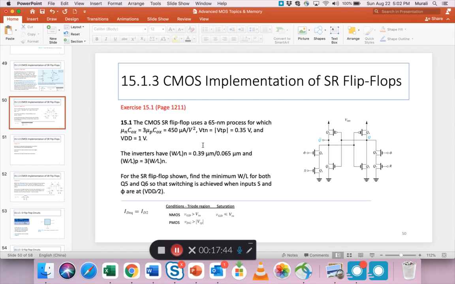So all this is given, and the inverters are again still matched, because here you will see there is a factor of 3 that multiplies this to this, and that 3 also appears here.